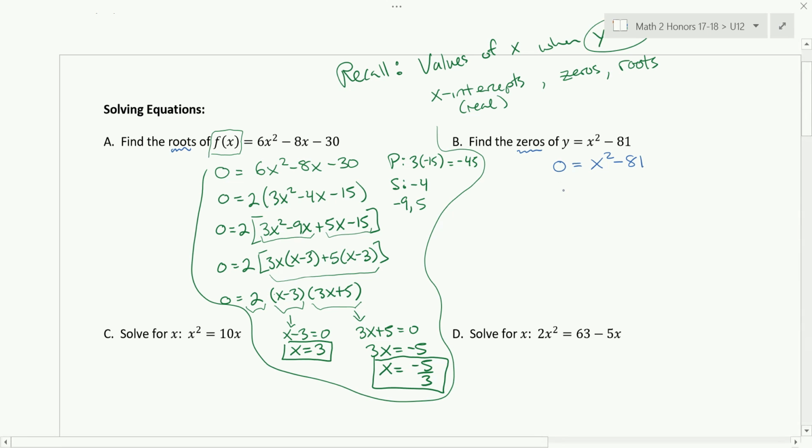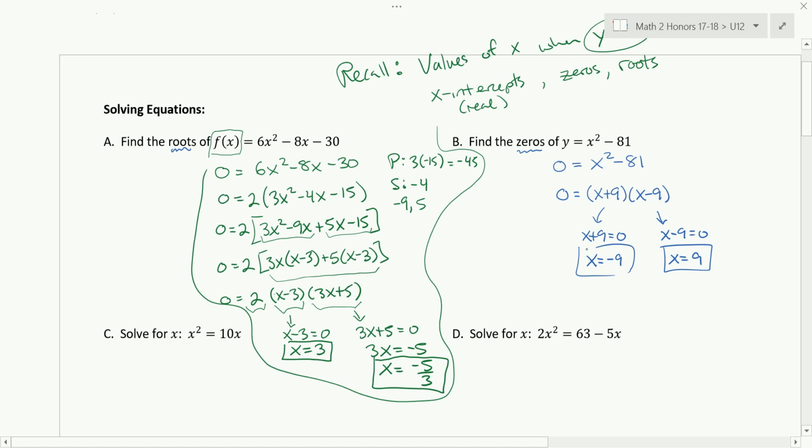And so there's a pattern to how these factor. You take the square root of each. You get x and a 9. And so this is going to factor to x plus 9 times x minus 9. And so if x plus 9 is 0, we get x equals negative 9. If x minus 9 equals 0, then we're going to get x equals 9.